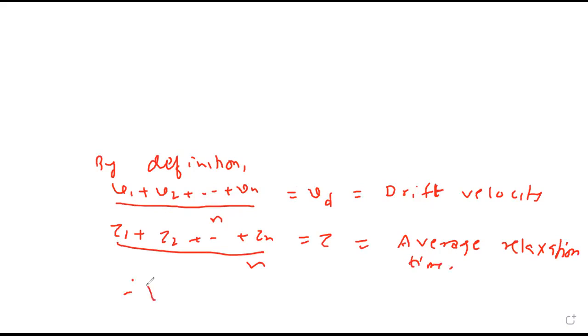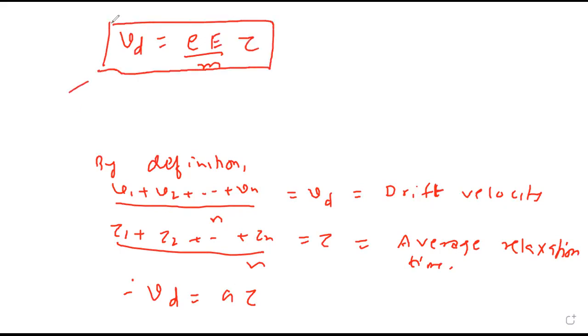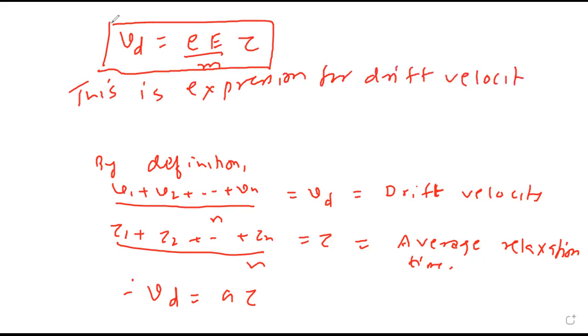We can say therefore drift velocity is a tau. So Vd equals to eE upon m into tau. This is expression for drift velocity. So whenever electric field is not applied, drift velocity will be zero.